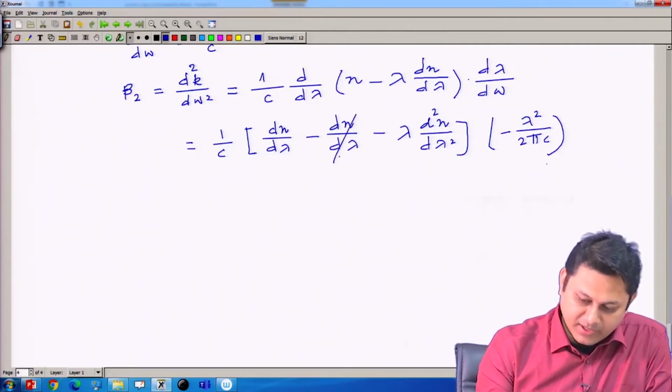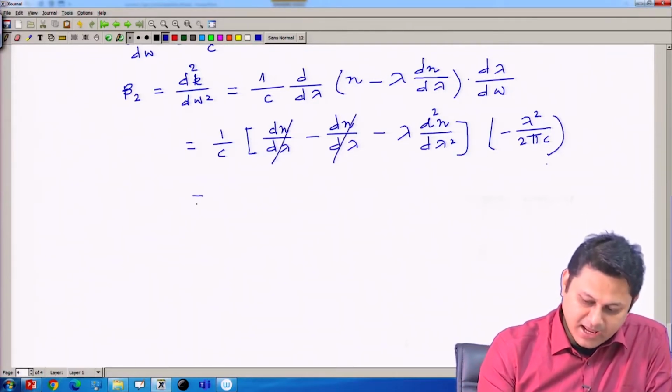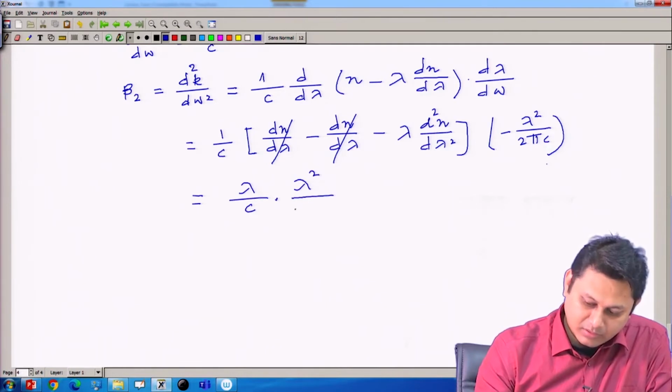Now, this term is going to cancel out. So, we have lambda divided by c multiplied by lambda square over 2 pi c and d2n d lambda square.